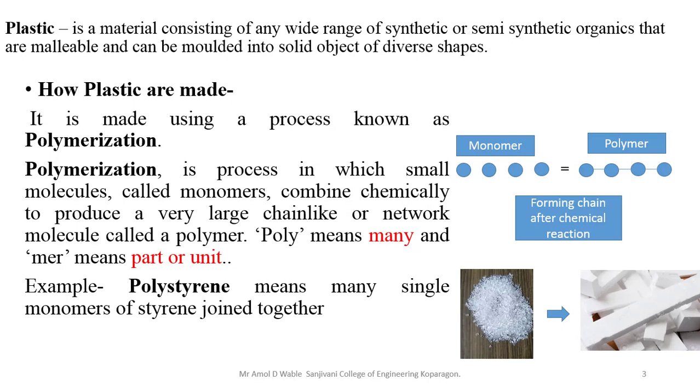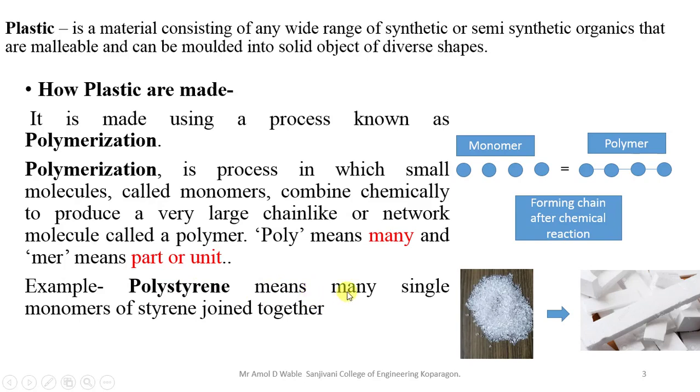Mer means part or a unit. So if you combine many parts together, you will get a polymer. If you take the example of polystyrene, you might come across this material as polystyrene.